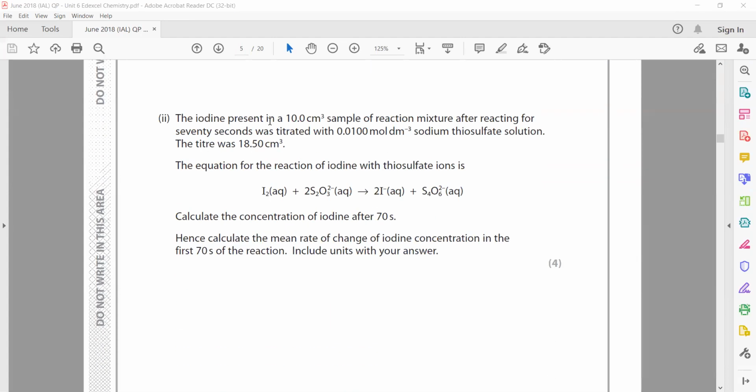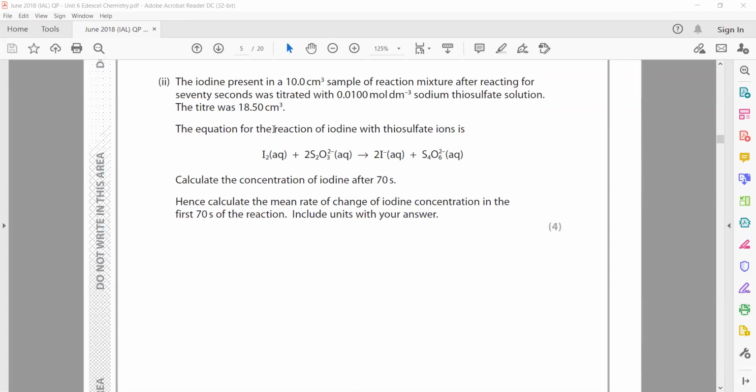The iodine present in a 10 cm³ sample of reaction mixture after reacting for 70 seconds was titrated with 0.01 thiosulfate. Calculate the concentration of iodine after 70 seconds, hence calculate the mean rate of change of iodine concentration.